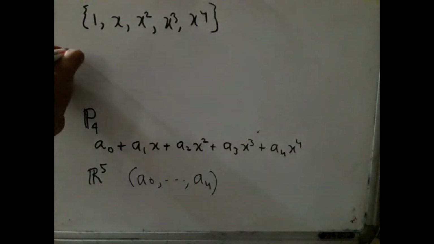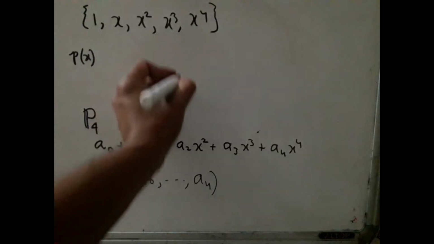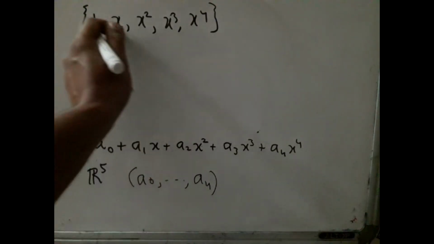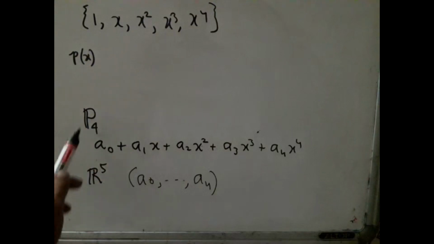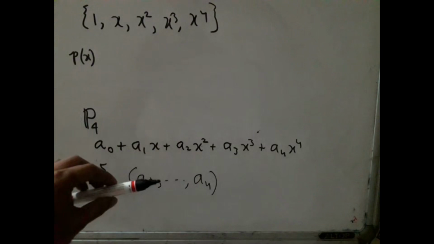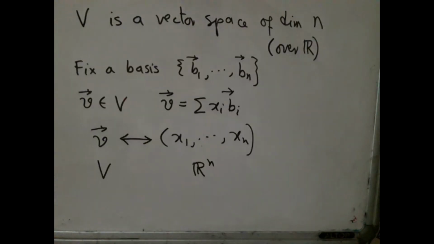So, given any polynomial p(x), you can express it uniquely as a linear combination of these things, and that is precisely what I have done. So, if you just collect all your coefficients of this basis, then you are getting this vector. So, from a vector space, you can go to the corresponding Rn by fixing a basis and expressing every vector in terms of that basis. So here is the general prescription.